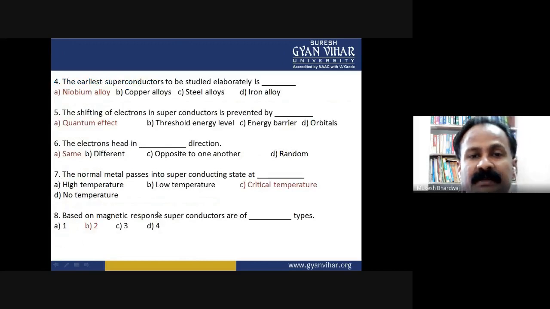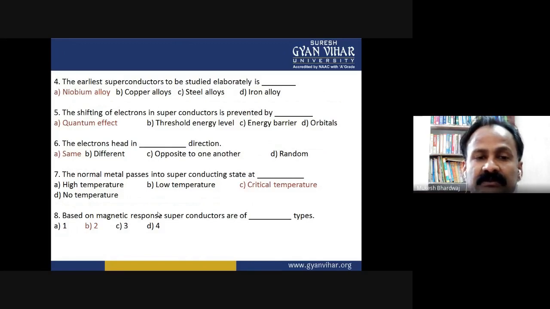The earliest superconductor to be studied elaborately is niobium alloy. The shifting of electrons in superconductors is prevented by: quantum effect, threshold energy level, energy barrier, orbitals. So the shifting of electrons in superconductors is prevented by quantum effect. The electrons head in dash direction.